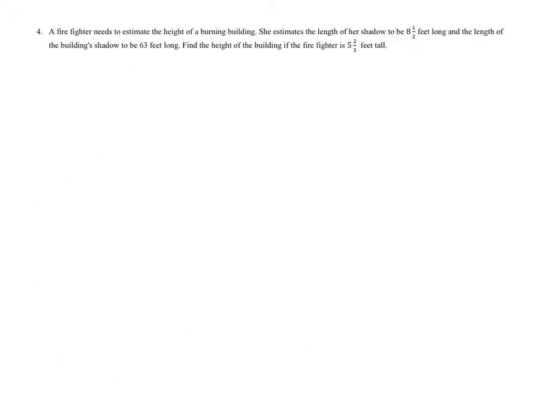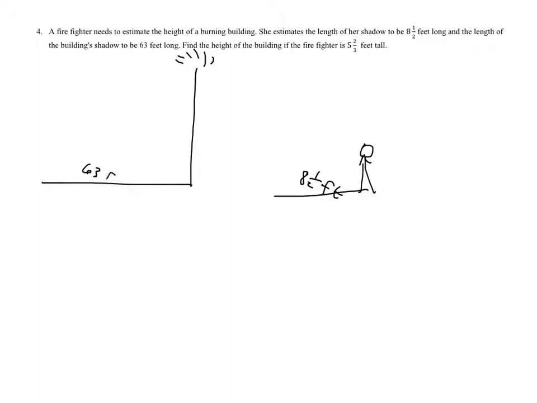Next, here we go. A firefighter needs to estimate the height of a burning building. Flame, flame, flame, flame. She estimates the length of her shadow. This is the firefighter person. The length of her shadow to be 8.5 feet. And the length of the building's shadow to be 63 feet. Find the height of the building if she is 5 2/3 feet.